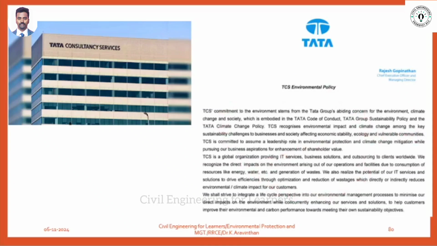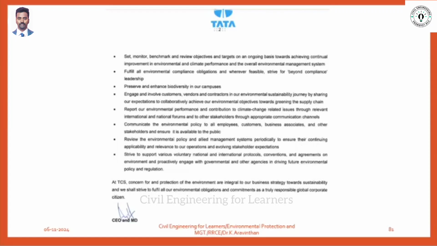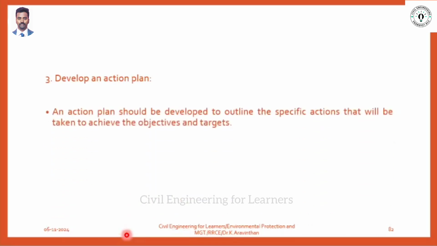Can you see this? They set and monitor the benchmark of objective and target on an ongoing basis towards achieving continual improvement. Can you see, whatever we are studying here, they have set the standards, and at the end of the statement, the CEO of the company.